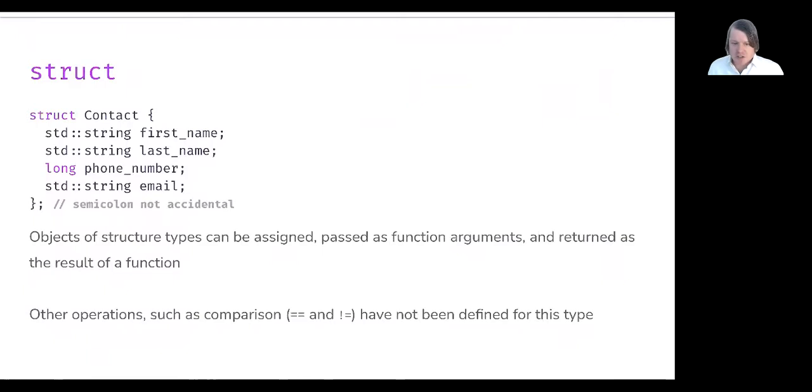Objects of structure types, so those declared with this type contact or any other type that you've defined within your program, can be passed as arguments to functions, can be assigned, and can also be returned as the result of a function. We can initialize them using the initializer syntax shown on the previous page.